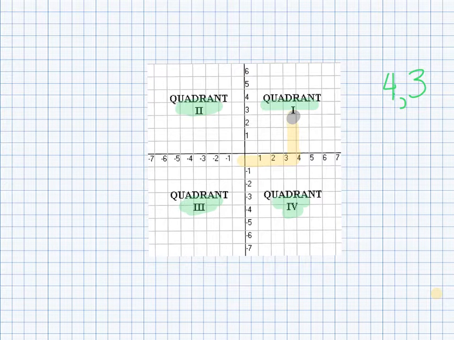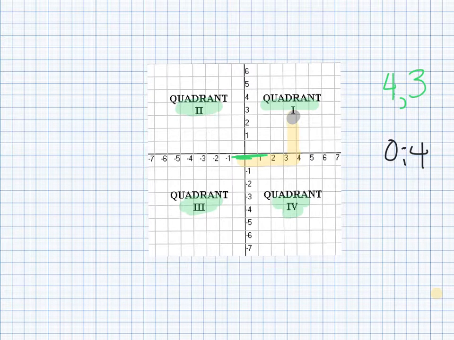If you had, let's say, 0, 4, it's going to be on the exact x line. 0 is on the line, and 4, let's make it -4 here.